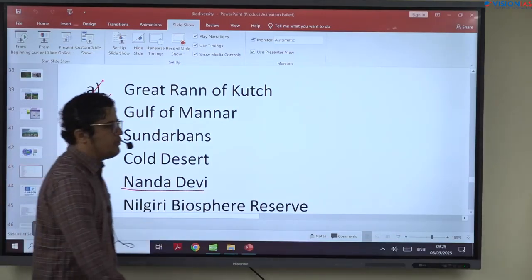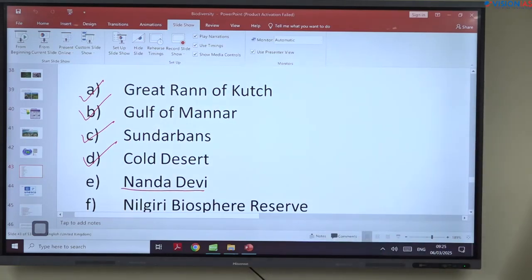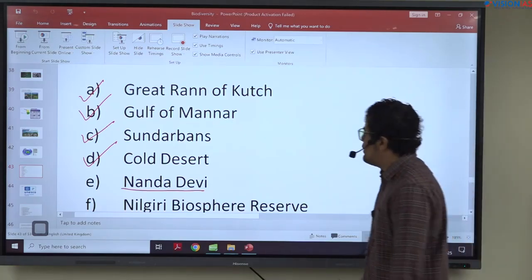Next, Nanda Devi, Uttarakhand. Situated near the holy place of Badrinath.